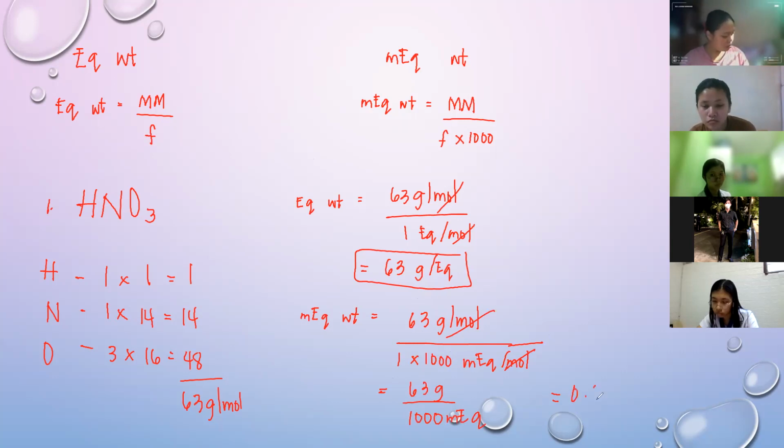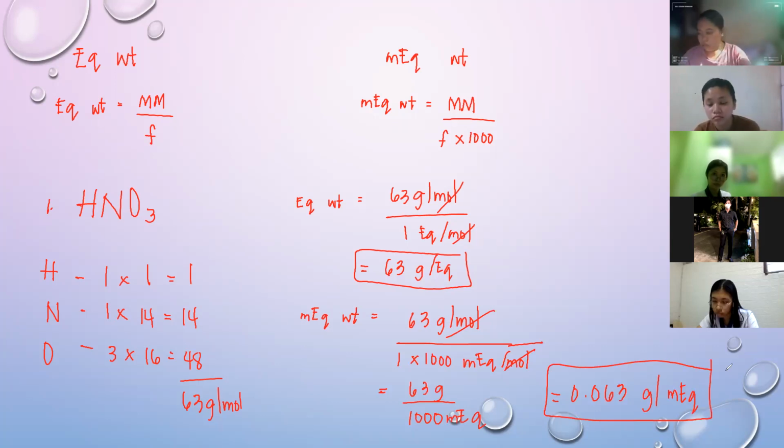This is 0.063 grams ang unit, grams per MEQ. Okay, so that's how we compute for both the equivalent weight and the milli-equivalent weight.